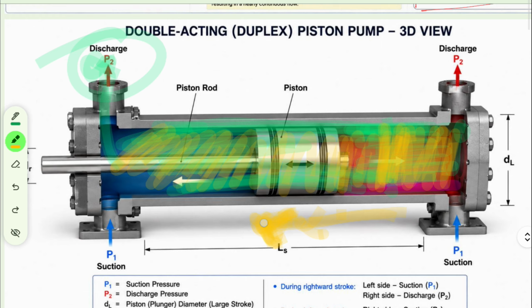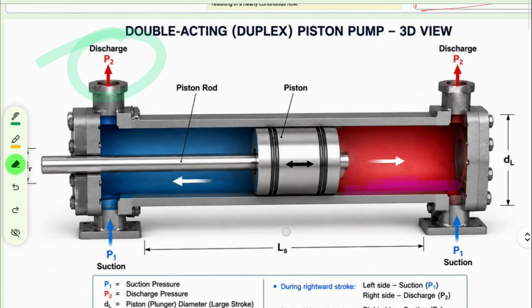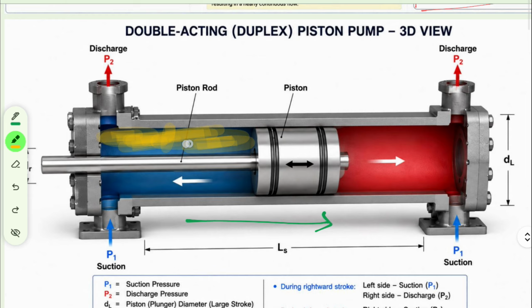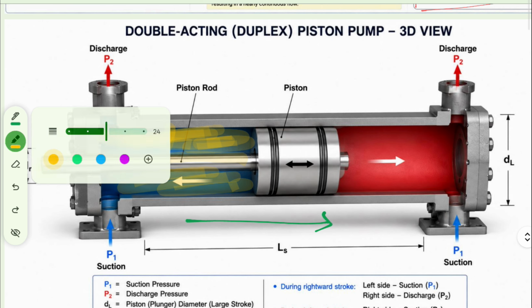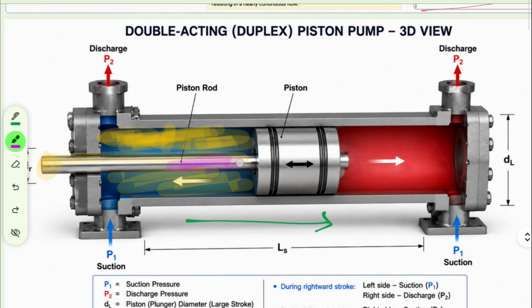But remember this thing, when they are moving forward, in this direction, they are only able to fill this cylinder up to this much amount of the volume, because this piston rod is over here, it also occupies space.